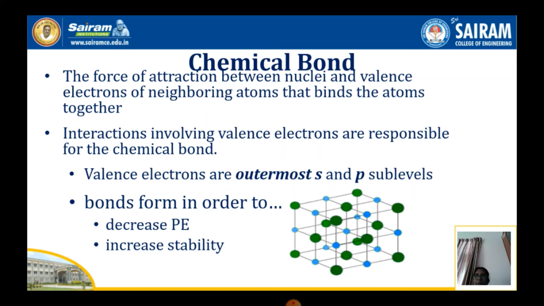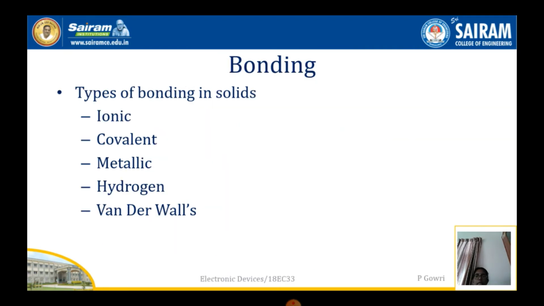Clear. Now the interaction between the atomic species can be strong or weak. So based on the amount of interaction, or the force of the interaction, the chemical bonds are classified into strong and weak. The strong bonding interactions are ionic, covalent, and metallic.